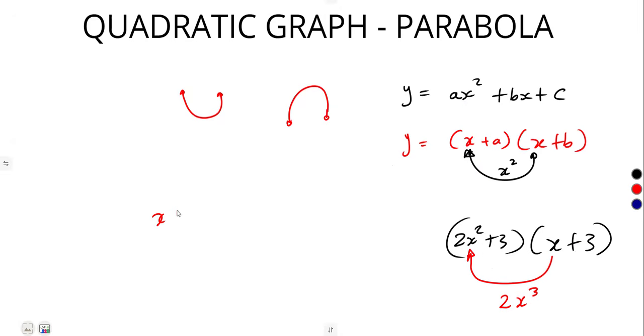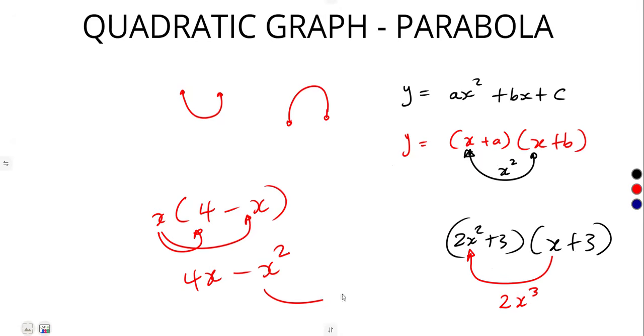Whether you're given x into 4 minus x, if you multiply, this is going to give you 4x, and here it's going to give you negative x squared. So you're back to a quadratic graph. You can just expand the brackets so that you can properly see the presentation of this quadratic notation that we are used to.